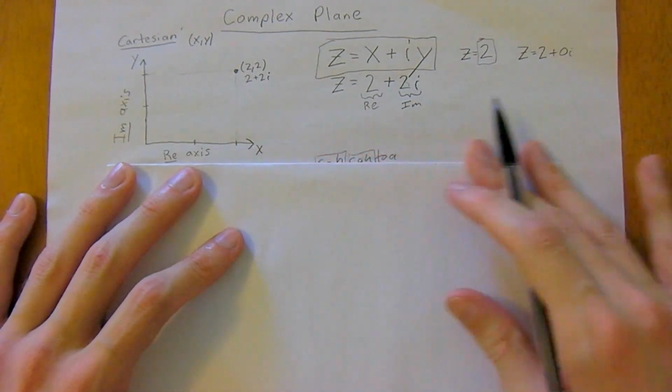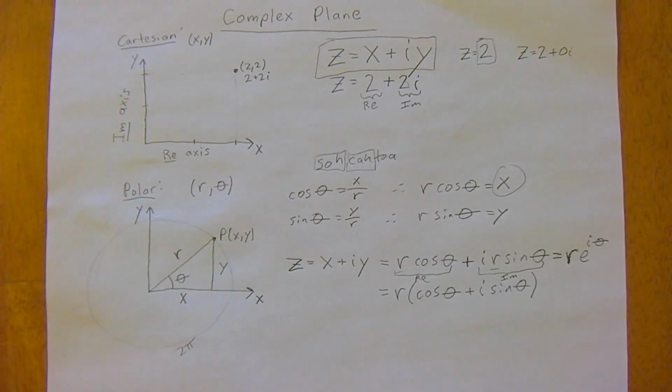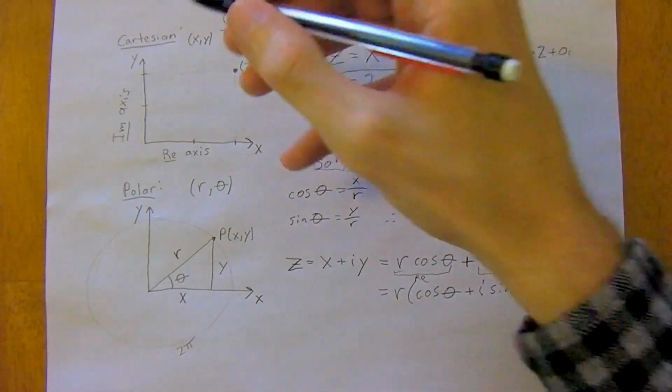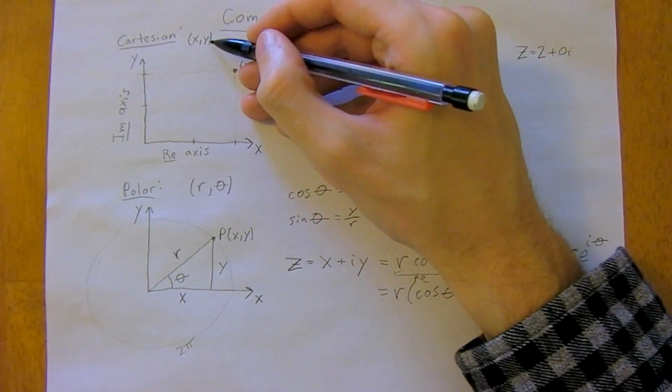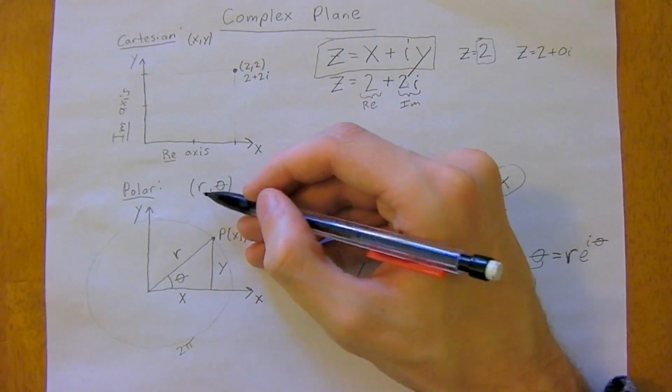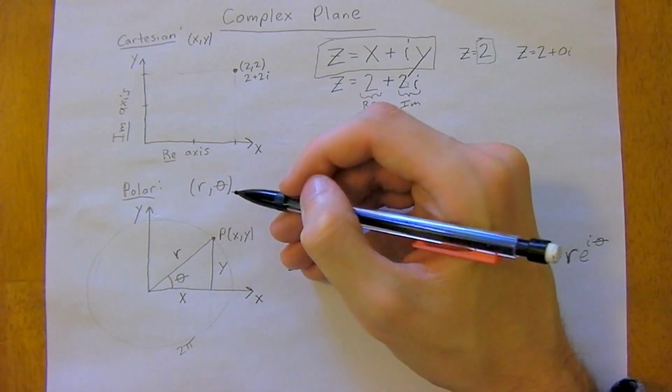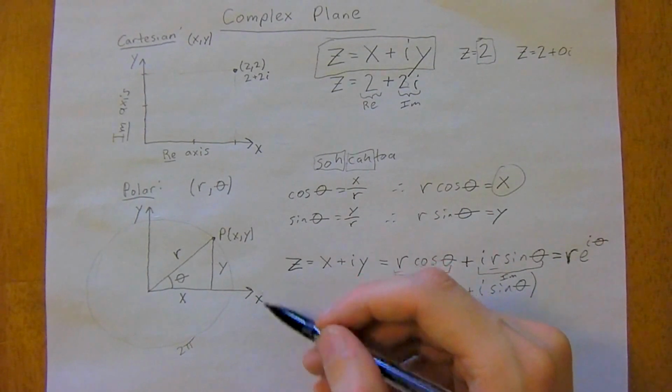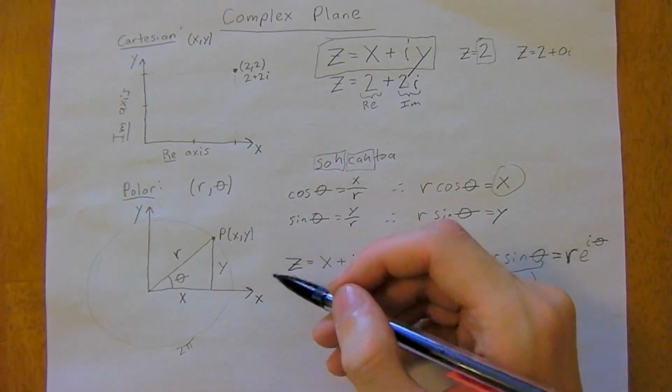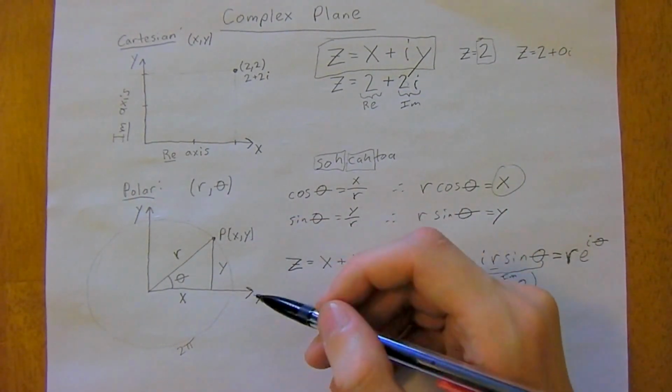But then you'll also want to know how to work in polar coordinates. So in polar coordinates, remember we swap x, y with your radius r and then your angle. And hopefully you've been exposed to this before. If not, there's a lot of videos, I recommend watching some of those.